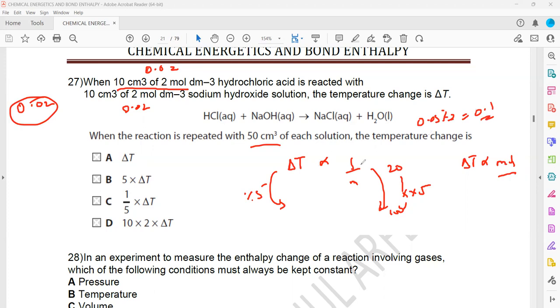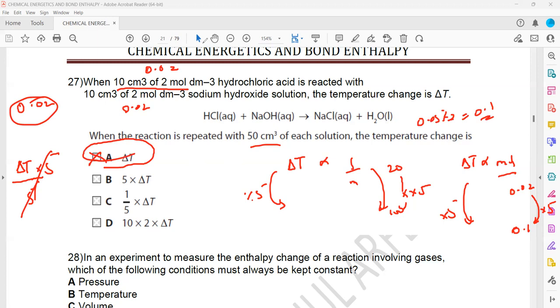So what happened to the moles? It was 0.02 in the beginning for either reagent, as both of them are used up. So it turned into 0.1. If the number of moles is multiplied by 5, temperature change will also be multiplied by 5. So due to the change in the volume, the temperature change is divided by 5. Due to the change in the moles of the limiting reagent, it is multiplied by 5. So what is the overall change in the temperature? It won't change. So delta T will be the same temperature change as it was for the first reaction.